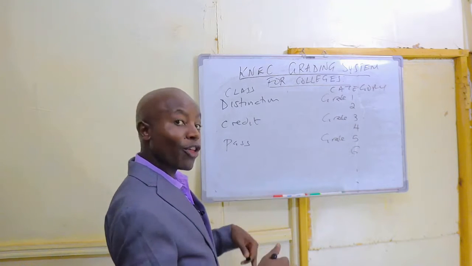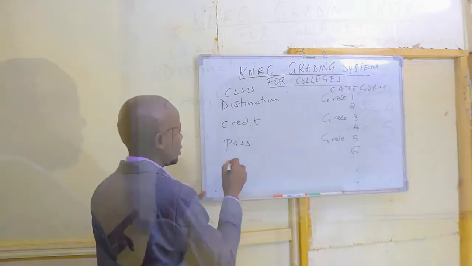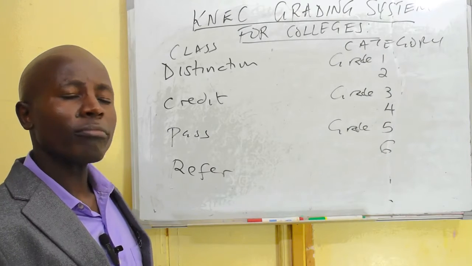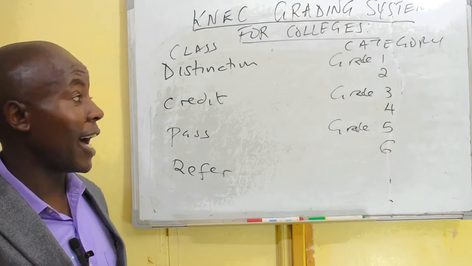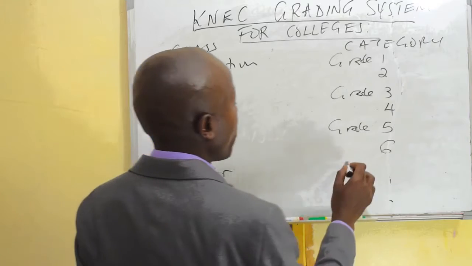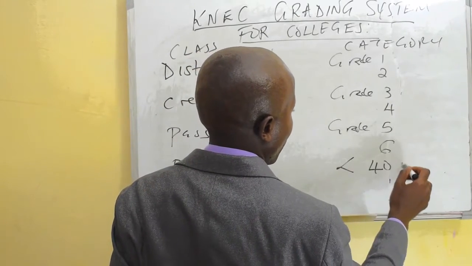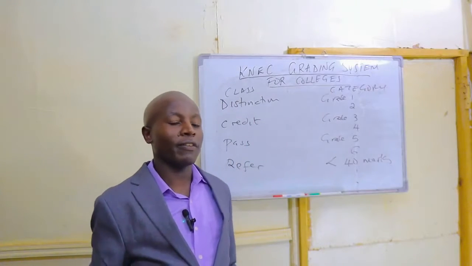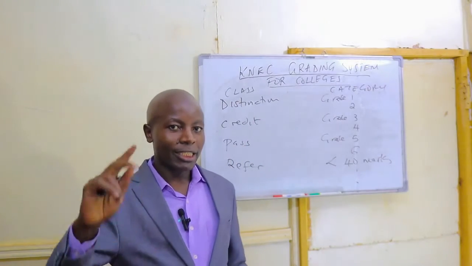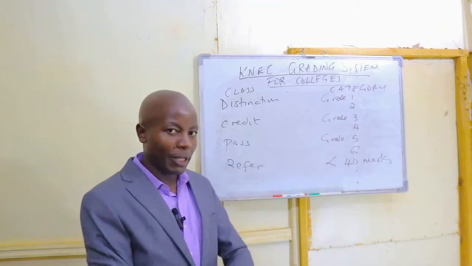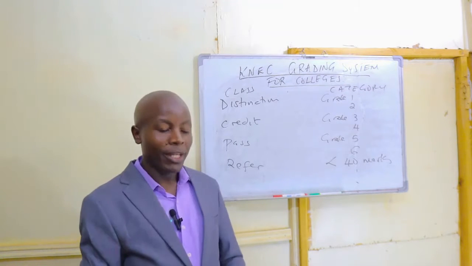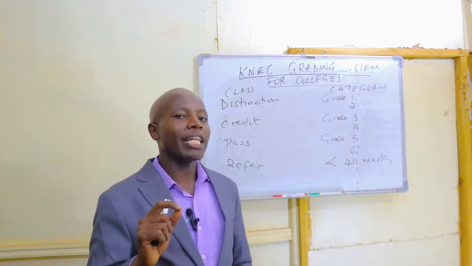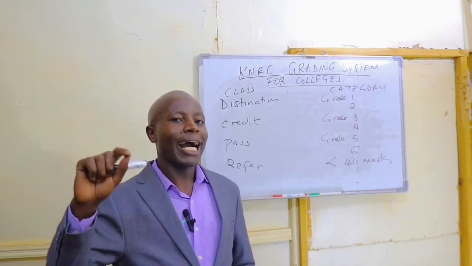Below there now things are not good, because you may have been referred. When you get referred, if you scored below 40. So in whatever subject you scored below 40, remember these marks are given from the practicals, the theory paper, and the continuous assessment test that are administered by the college that you are attending.